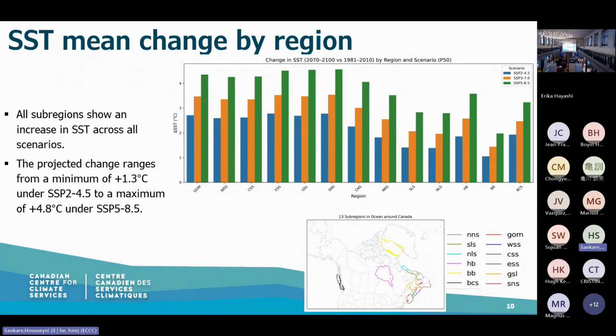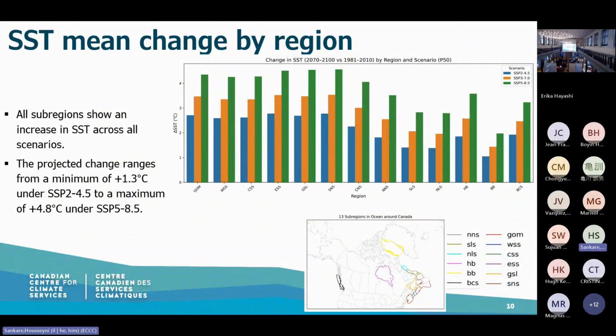For example, under SSP4.5, the projected warming is more moderate, with a minimum increase of approximately plus 1.3 degrees C. In contrast, SSP8.5, representing the higher emission scenario, shows the most significant warming, with some subregions experiencing an increase of up to plus 4.8 degrees. These projections highlight a consistent warming trend across all Canadian marine regions.